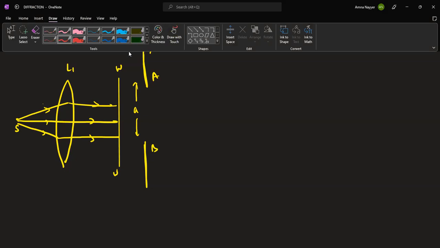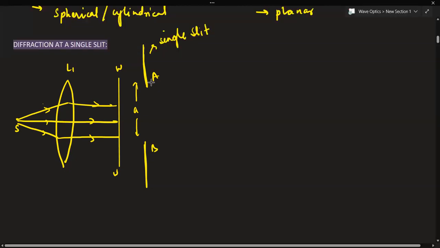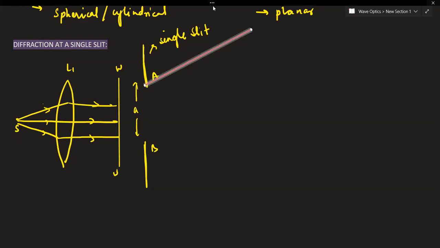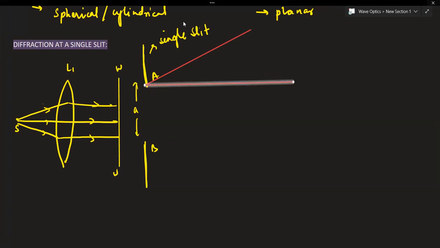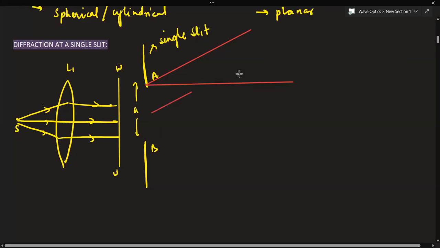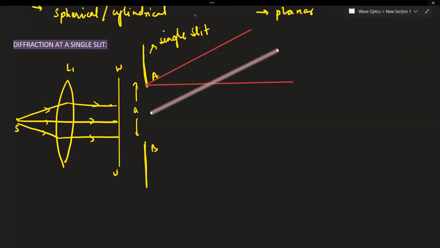If I take the rays, these rays will be somewhat like this in different directions, spreading out. Let's say one is this, the other one is this.